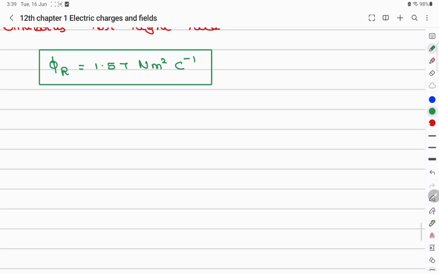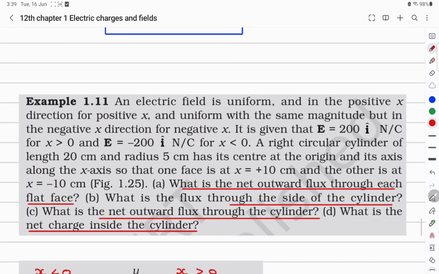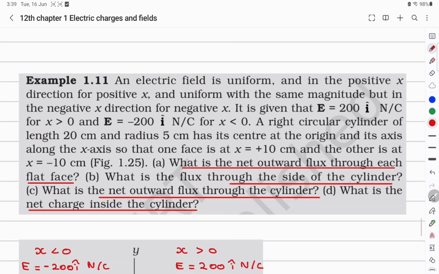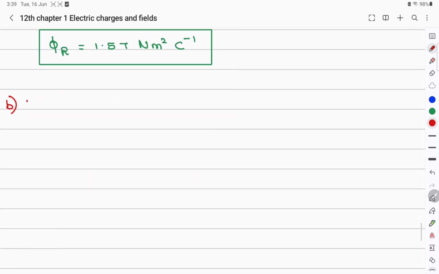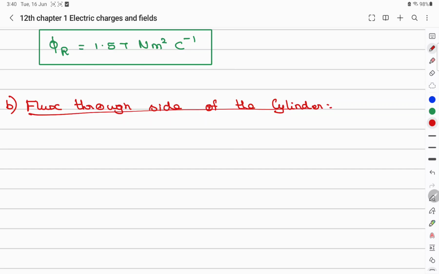Next we are going to find the flux through the side of the cylinder. Here phi of S is equal to E vector dot del S vector.